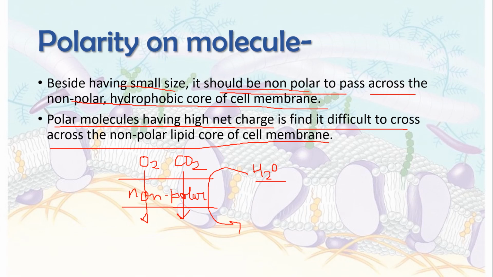But larger uncharged polar molecules like glucose, the glucose molecule is polar like water, but the size of the glucose molecule is much larger compared to water. So it cannot pass through the cell membrane. Okay, it is not able to cross the hydrophobic core of the cell membrane.